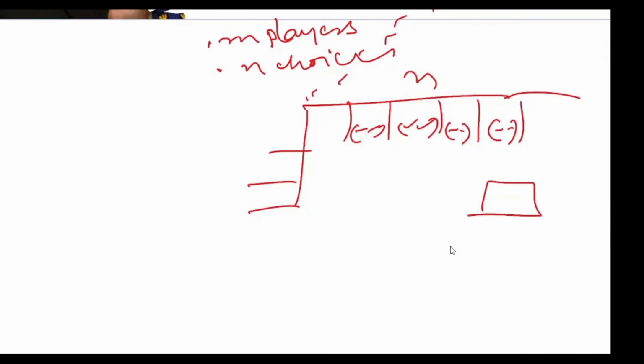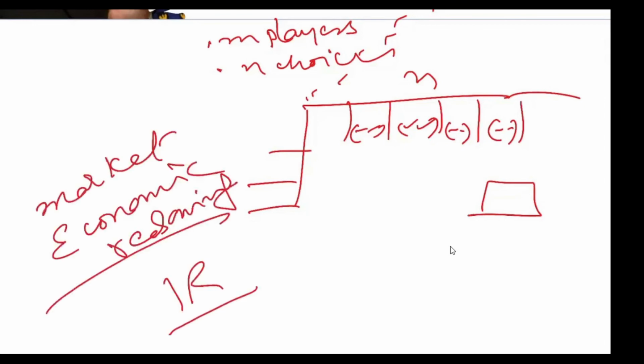But the problem is, something like this may be possible in certain market decisions, in economic reasoning. But in IR, it's all about many issues, and you cannot assign numbers. You can't assign numbers to your values or others' values. You don't have the full information.